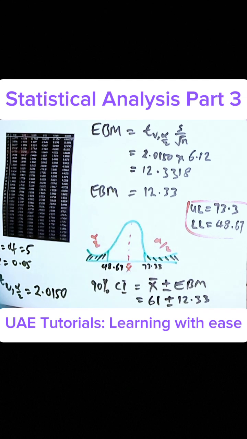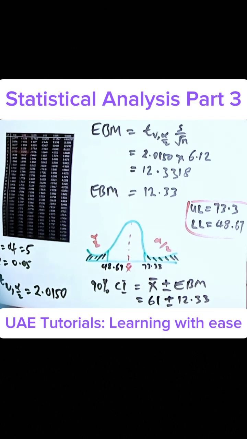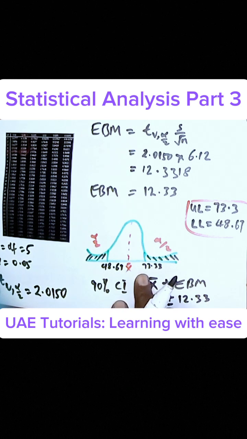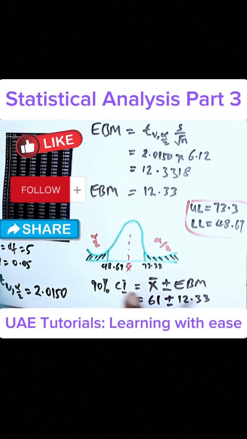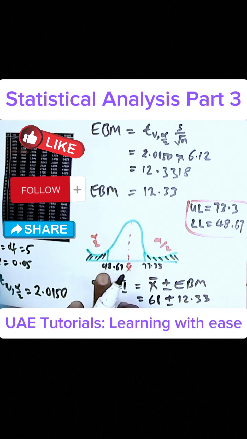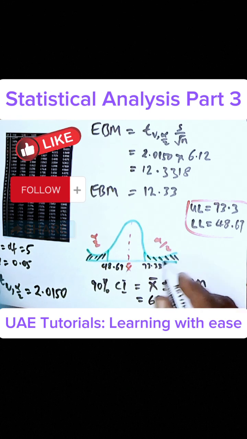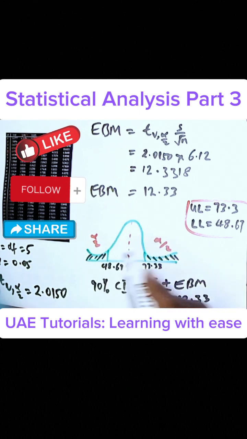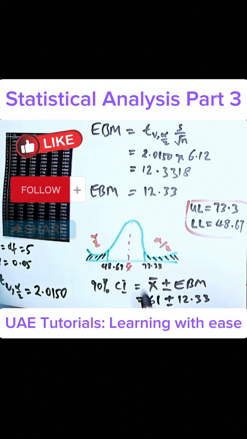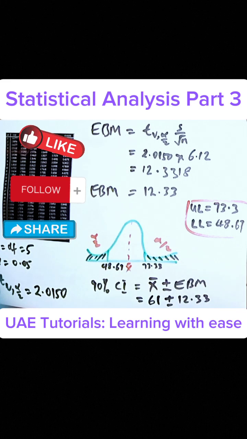So something to the right of the sample mean, 73.33, is the highest you can go for a 90% confidence level. While to the left of the sample mean, 48.67 is the lowest that you can go for a 90% confidence level. Every other data outside this point should be discarded. They do not really contribute much to the mean at a 90% confidence level.